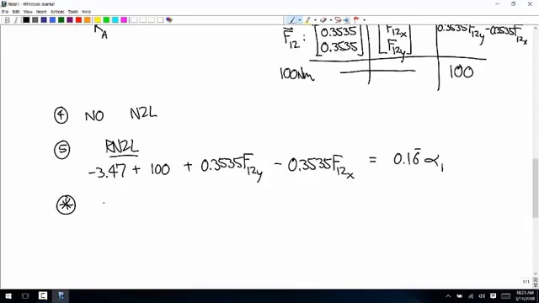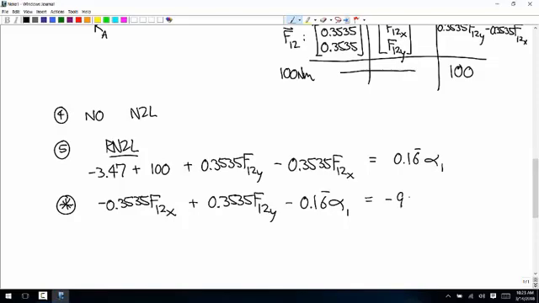So we have negative 0.3535 F12X plus 0.3535 F12Y minus 0.16 repeating alpha 1 is equal to negative 96.53.